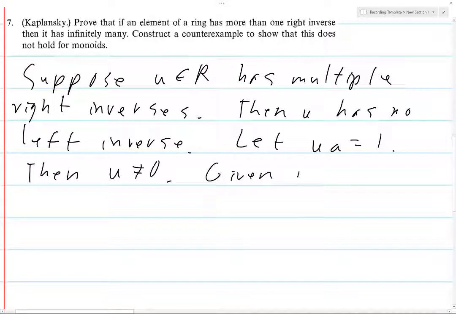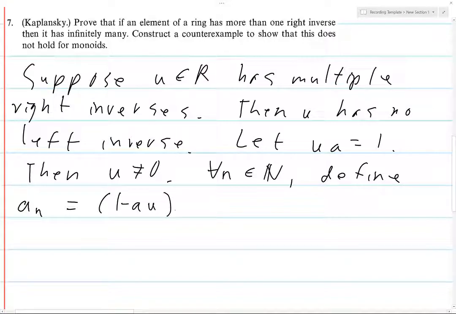So given n and m, for all n, define an element a_n to be (1 minus au) u to the n plus a, which is in the ring, because you just combine a bunch of stuff.